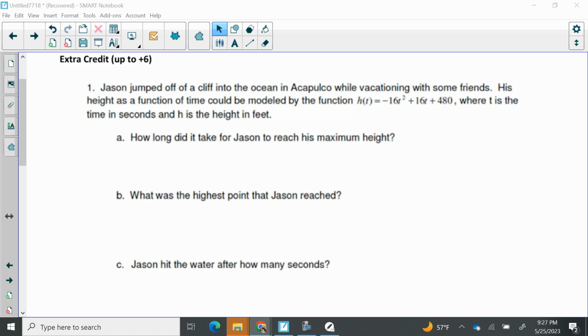Now, again, whenever you're using Desmos, you have to use x instead of t, and also with a calculator too. So plus 16x, I'm going to bring it over in just a second, and then plus 480. Okay, so I'm going to zoom this way in, and because this is going to be really high, let's zoom out.